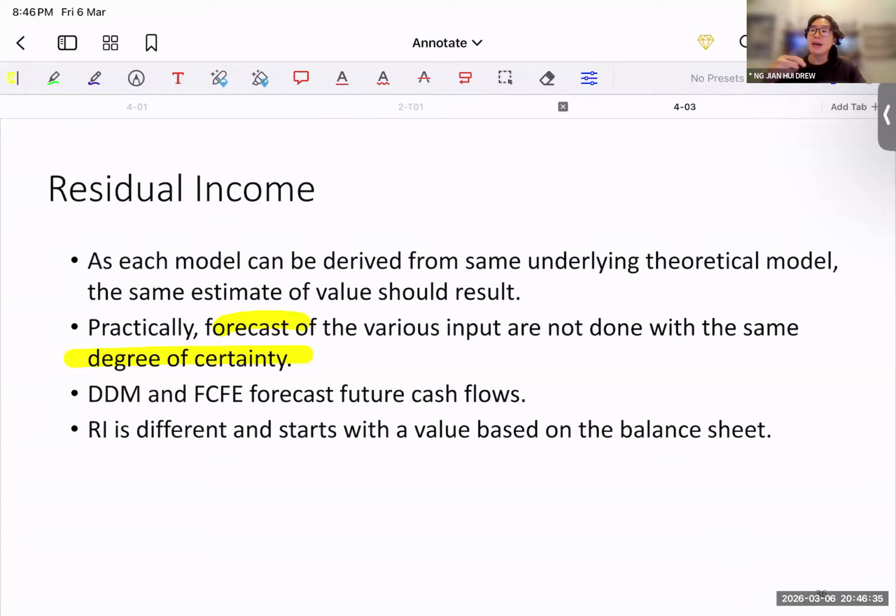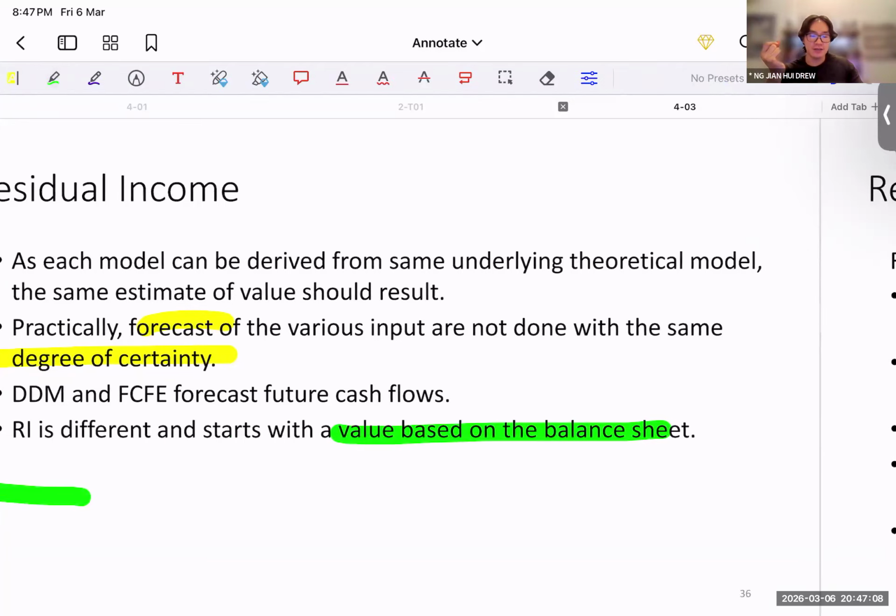If there is some unknown about the terminal value, then your degree of certainty for your valuation using your cash flow models might not be so certain. If you're not so sure about the terminal value, then your forecast using your free cash flow model will not be so accurate. Unlike your residual income model, where the value starts off with the base value in your balance sheet.